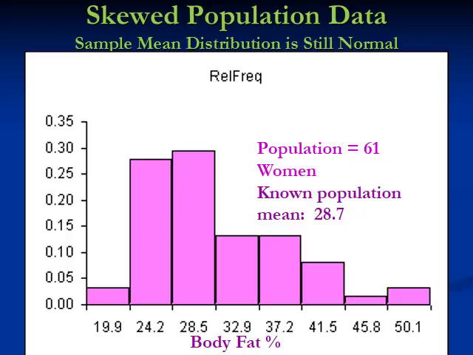The numbers down below here are actually the center of each of these bins. They're equal sized bins, and the centers here are 19.9, 24.2, 28.5. So there are groups of women that would make up the parts of the population that are represented by these bars.